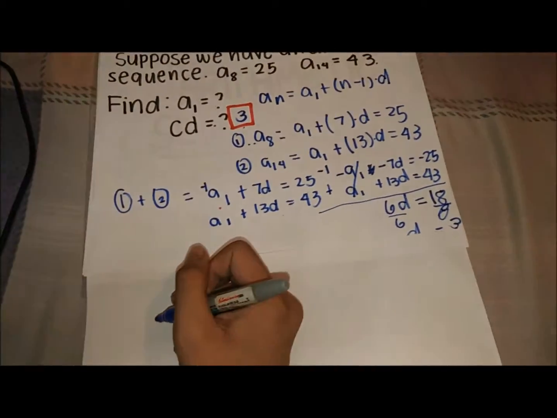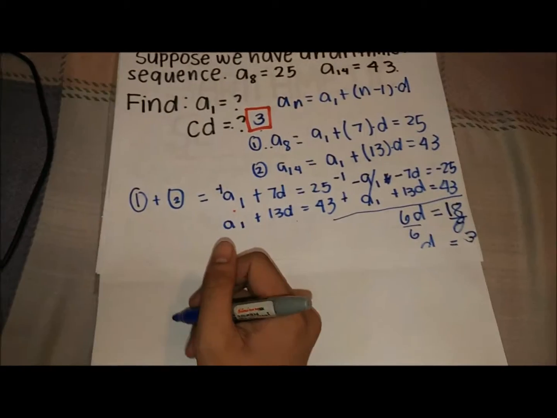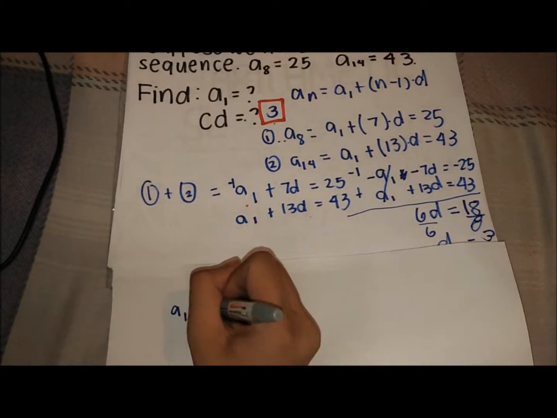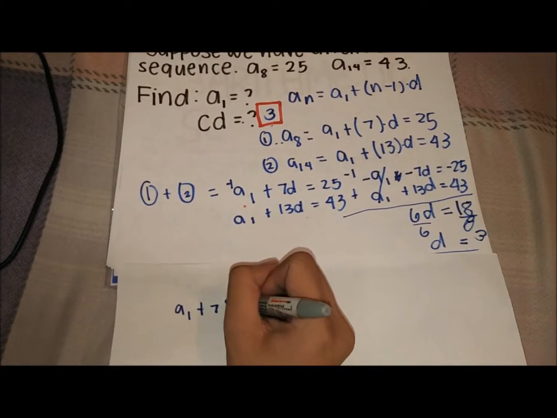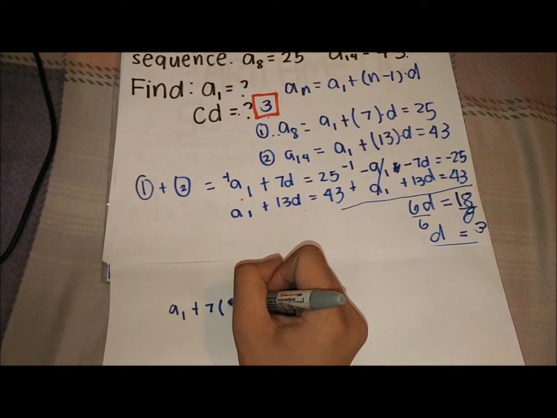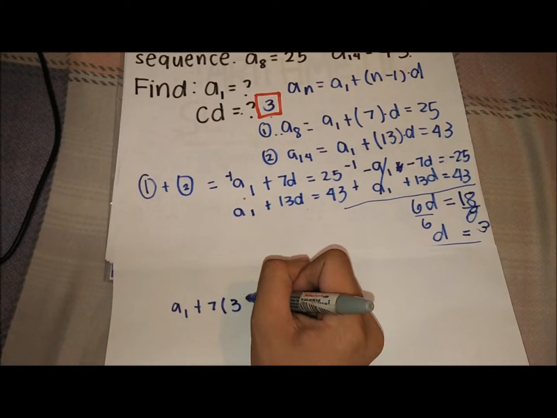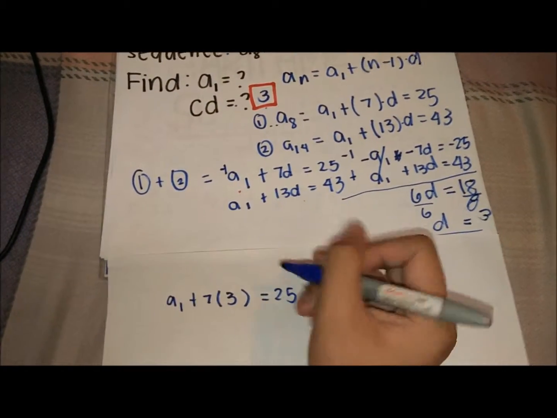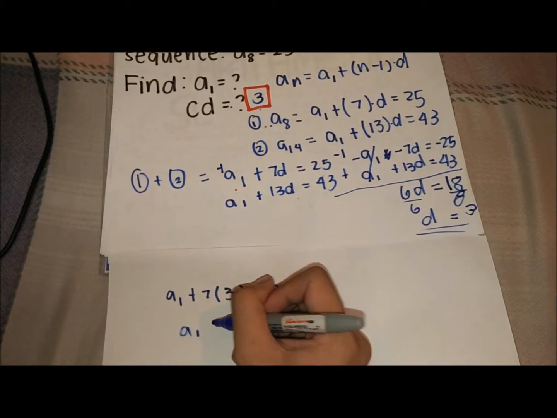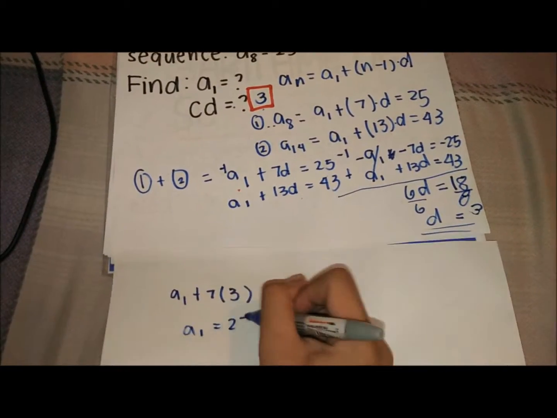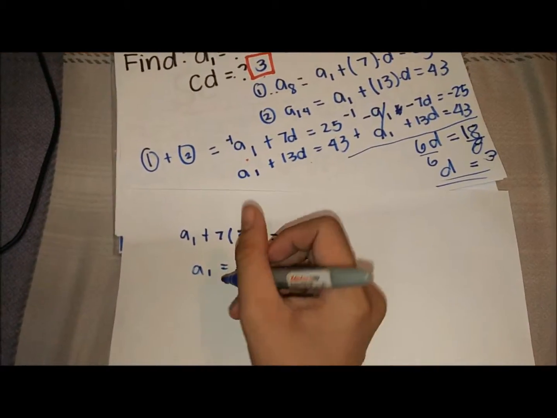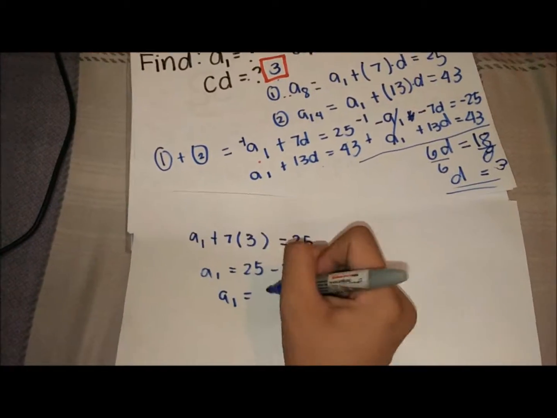I'll use my first equation: a sub 1 plus 7 times the common difference, which is 3, is equal to 25. So a sub 1 is equal to 25 minus 21, since I transposed it. So a sub 1 will be equal to 4.